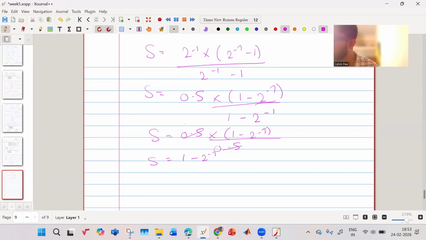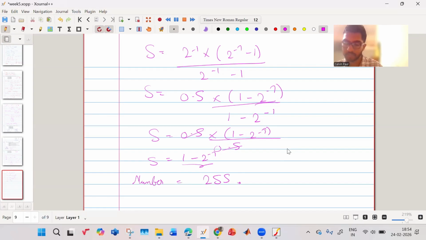So your number is actually equal to 255 point, and this point part is 1 minus 2 to the power minus 7. A calculator is required. Let me check. 2 raised to minus 7 is 7.8125 times 10 to the power minus 3.